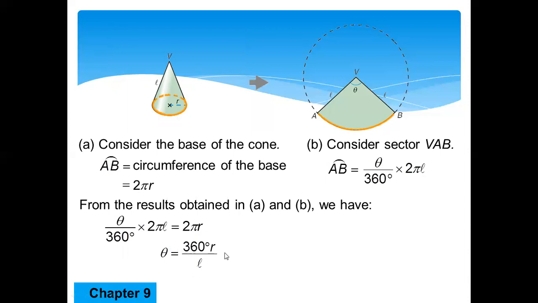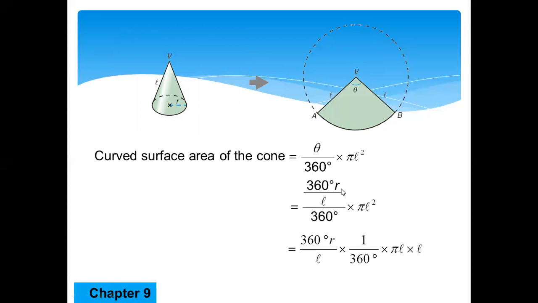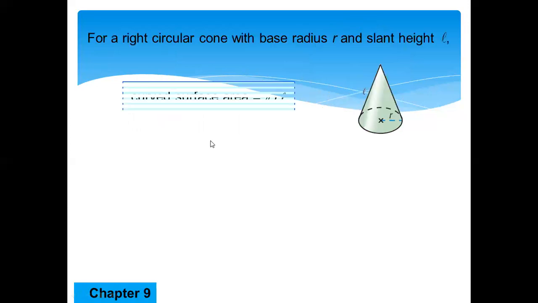Then we take this value and substitute into our last formula. Simplify, and then draw the conclusion. Curved surface area of cone is pi r L. So finally, we have the curved surface area, pi r L, L for slant height, R for radius.